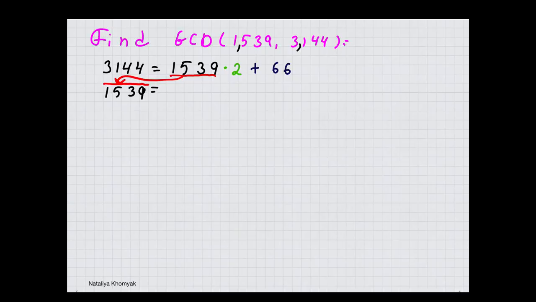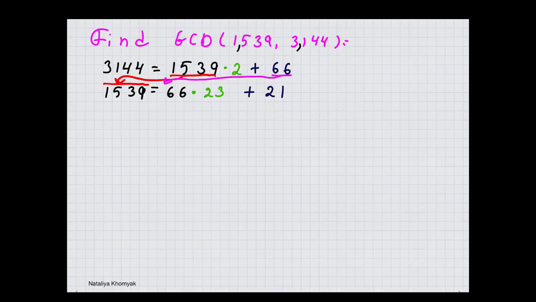We do not care about the quotient, but we do care about the remainder, so we're going to copy the remainder up front. So we have 66. 66 goes into 1539 23 whole times, and 1539 minus 66 times 23, the remainder will be 21.